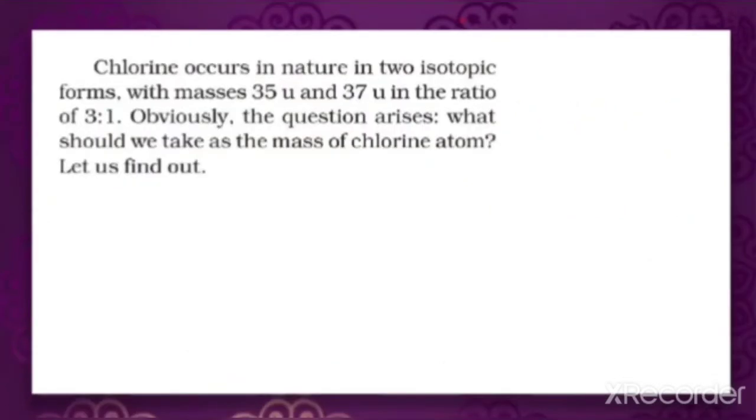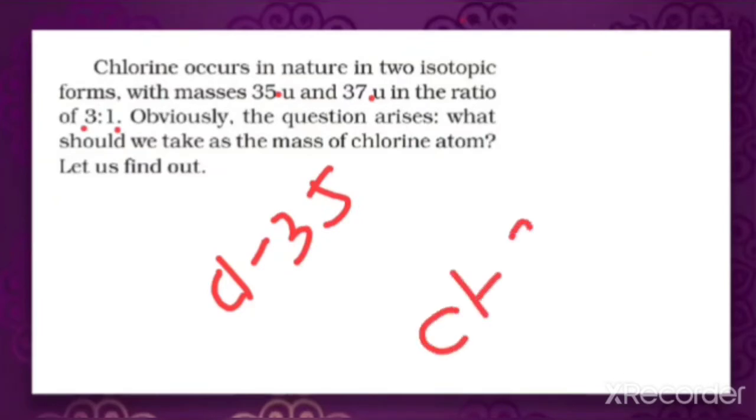Chlorine occurs in nature in two isotopic forms with masses 35 u and 37 u in the ratio 3:1. That means chlorine exists in nature as Cl35 and Cl37, where 35 and 37 are the mass numbers, occurring in a 3:1 ratio.